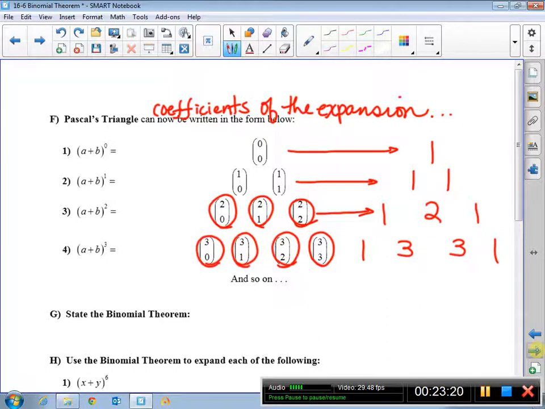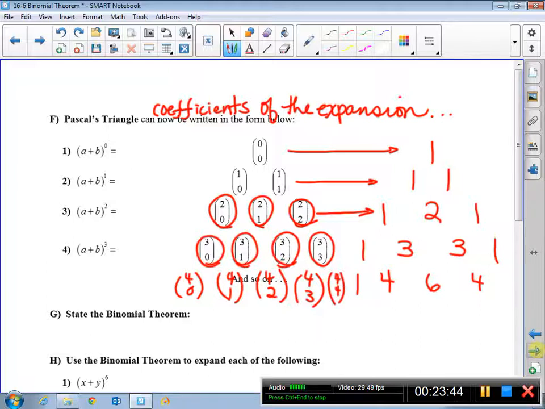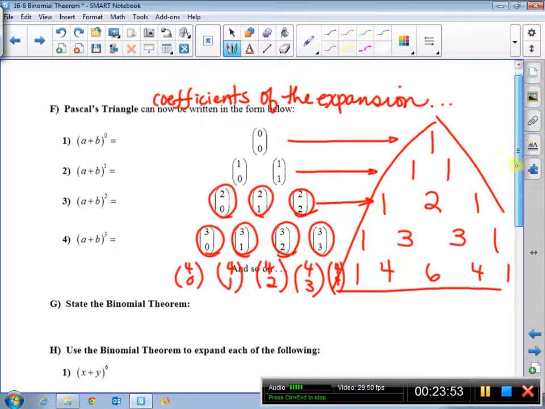And then if I did the next line, it would be 4 choose 0, which is 1, 4 choose 1, which is 4, 4 choose 2, which is 6, 4 choose 3 is 4, and 4 choose 4, which is 1. So we can get Pascal's triangle in a lot of ways, and one of them is the combinations as well.